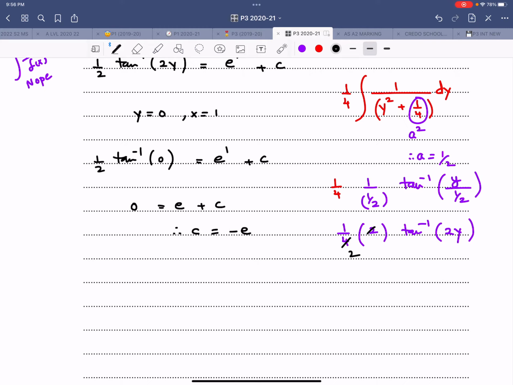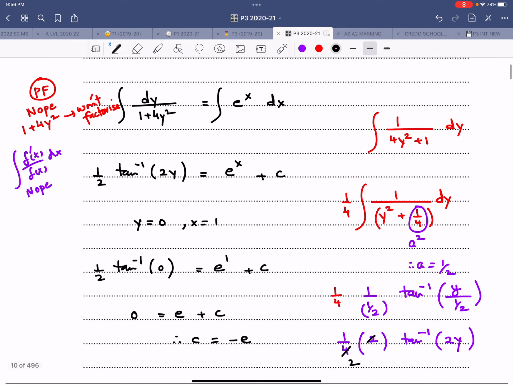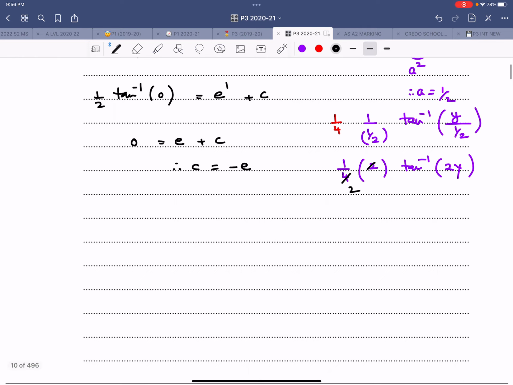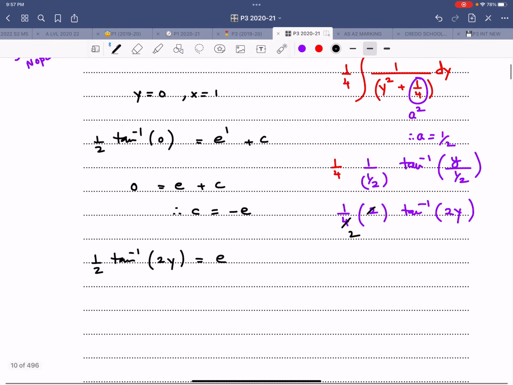And then what are you looking for? You are looking for an expression for y in terms of x. So therefore half tan inverse 2y is equals to e raised to power of x minus e raised to power of 1. That is the thing that you're getting.